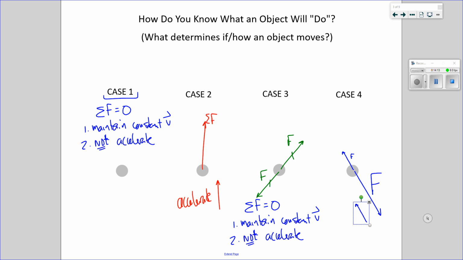We take the forces, add them tip to tail, and here's the resultant force, net F. So this thing will accelerate that way, in the direction of net force.